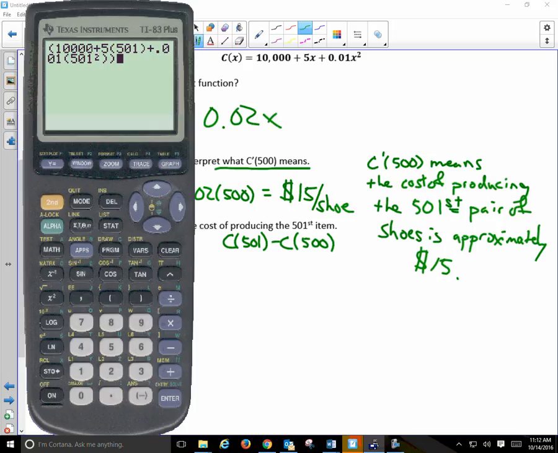Oh, it's just 0.01. Okay. And I'm going to subtract 10,000 plus 5 times 500 plus 0.01 times 500 squared.